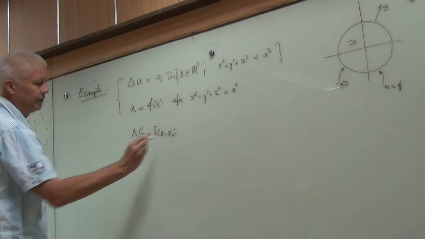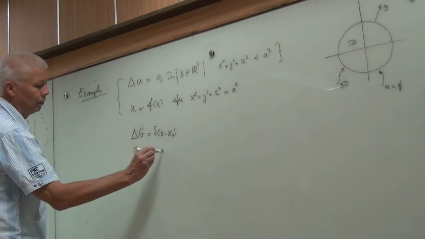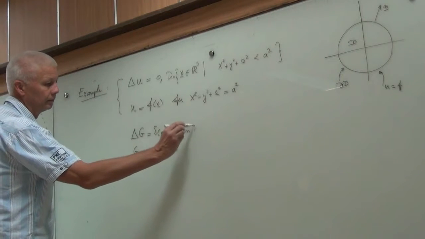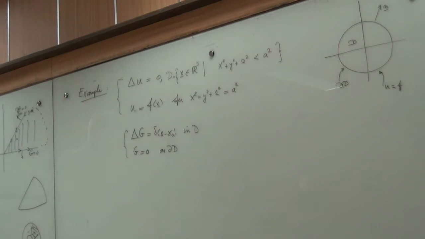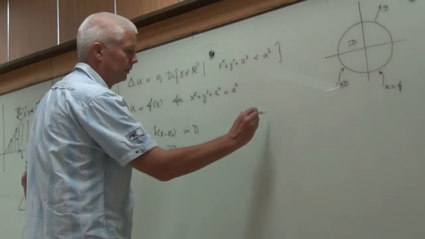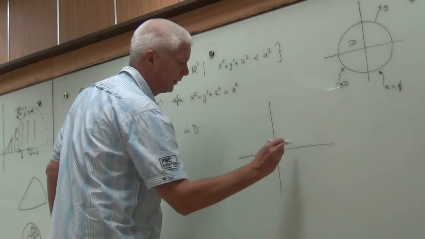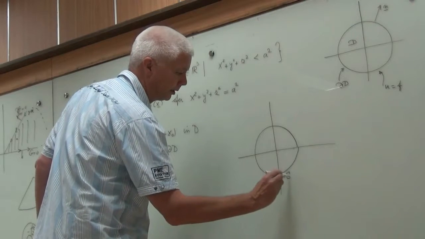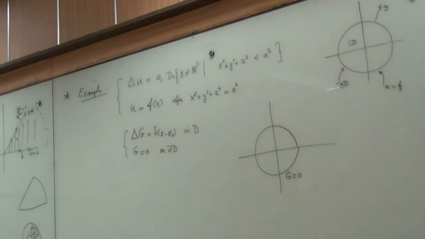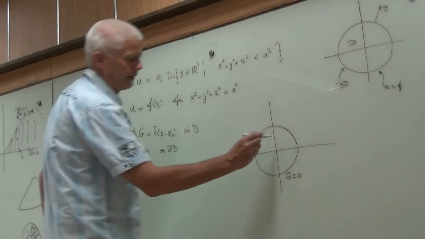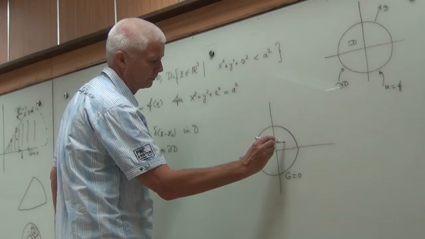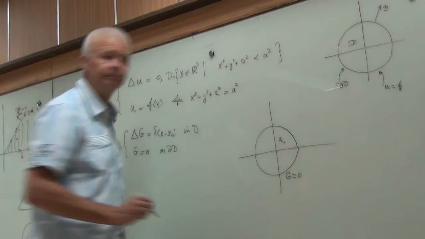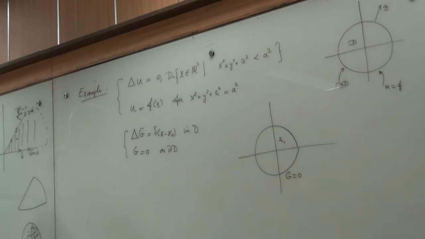So for the Green's function, we have to look at this. Laplace G is delta of x minus x0, and G is 0 on the boundary. And that's the general problem that we always have to solve. And in this case, we have to solve it for a sphere. G is equal to 0 on the boundary, and here we have somewhere our point x0.